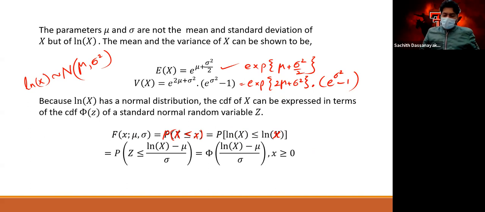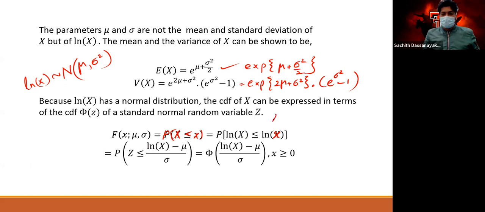Now do you remember how we standardize our normal distribution? Using x minus mu divided by sigma. Same here, standardize both sides.